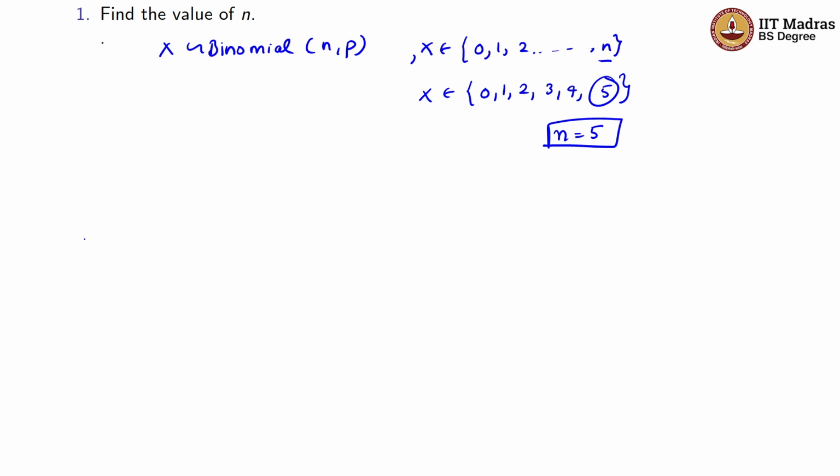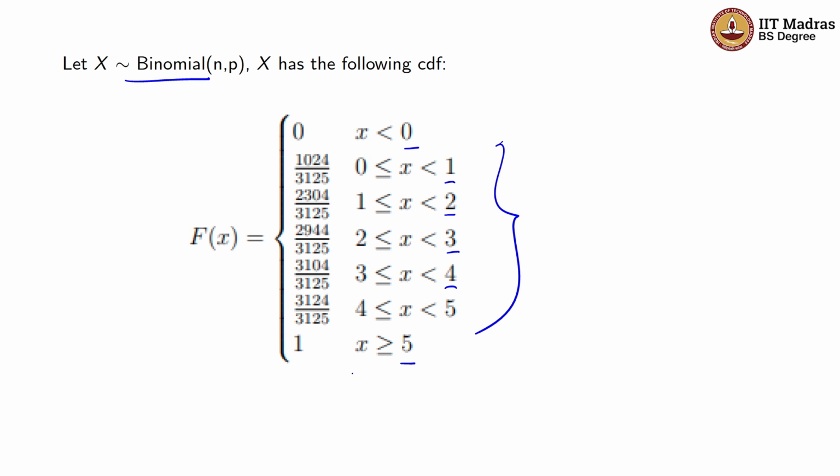Also, we know that the formula of CDF F(x) is equal to the probability that X is less than or equal to small x. And here F(x) is given as 1 when x is greater than or equal to 5. So from the given CDF we can see this.